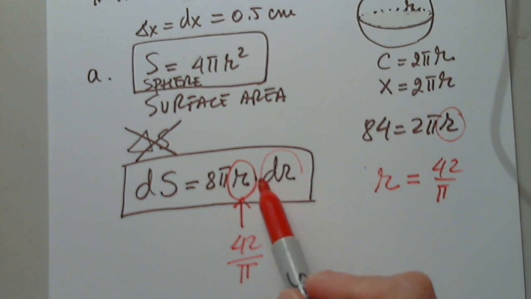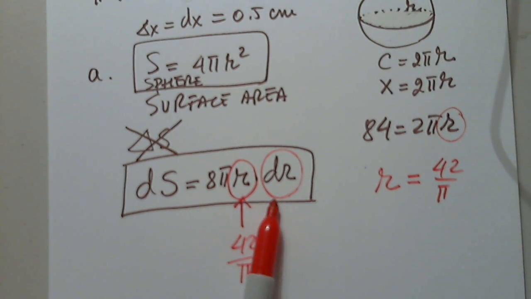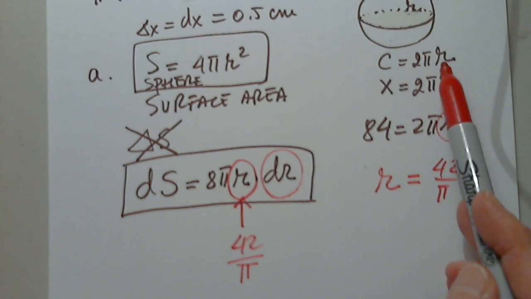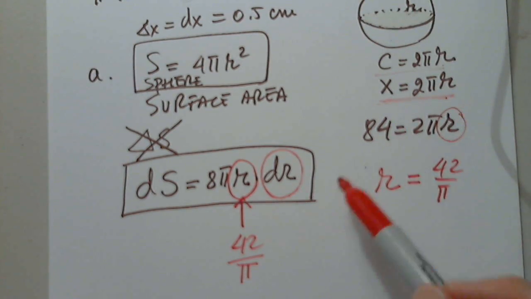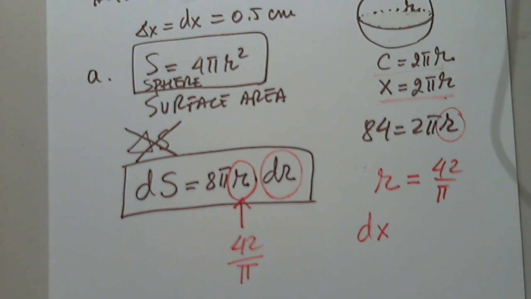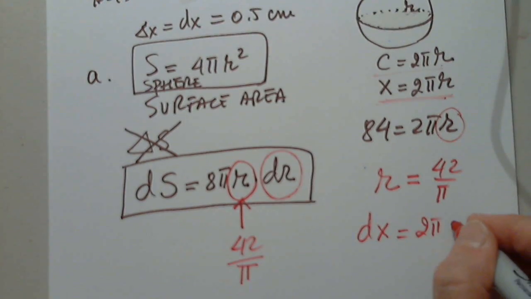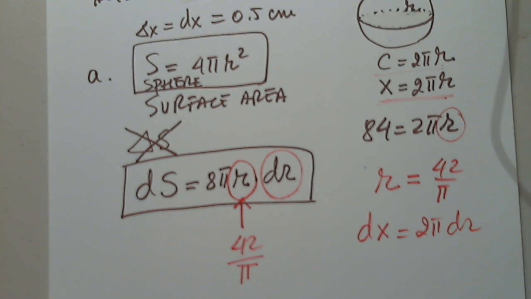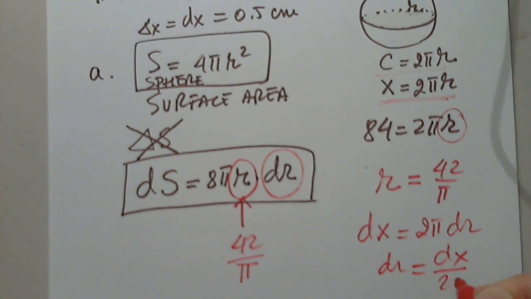Now I need to determine this, which is dr. Now you can say one option will be to find dr from here. So I have dx, which is the circumference, equals 2 pi dr. So then I have dr equals dx over 2 pi.